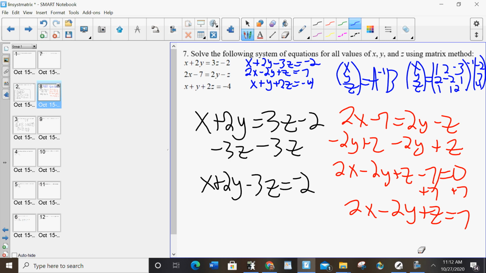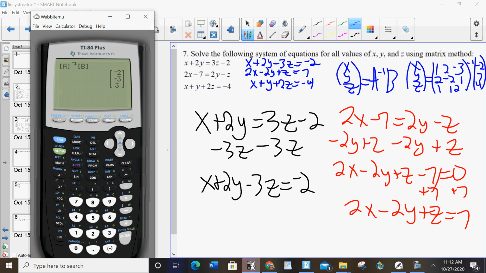All right, so now let's get my calculator up. Second matrix, edit A, 3 by 3, 1, 2, negative 3, 2, negative 2, 1, 1, 1, 2.